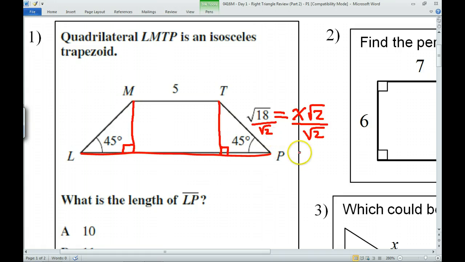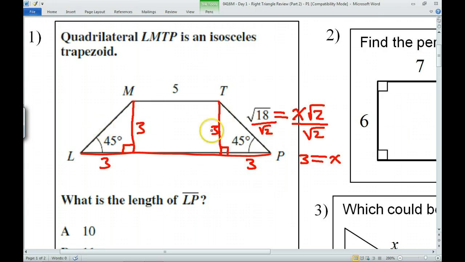If I divide by radical 2 on both sides, that's going to give me x equals 3. That means this is 3 and this is 3. In the same way, over here, this will be 3 and this will be 3.